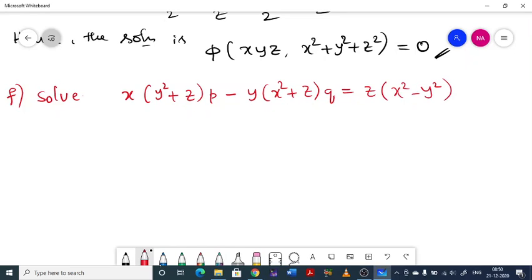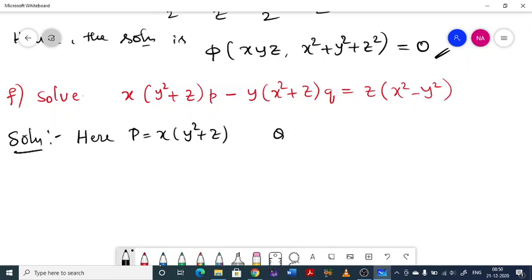So here, the solution. This is in the form Pp plus Qq equal to R. No simplification needed. Here capital P is x into y square plus z, capital Q equal to minus y into x square plus z, capital R equal to z into x square minus y square.